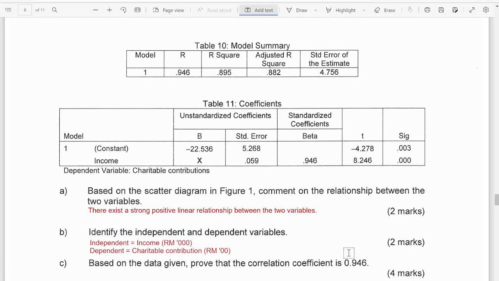Okay, so that is the answer for the second one.